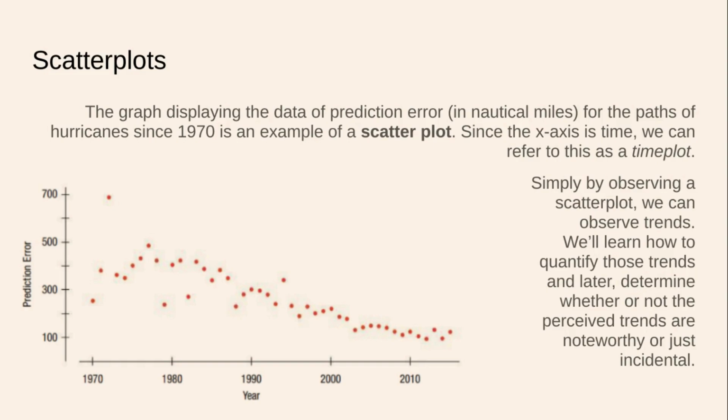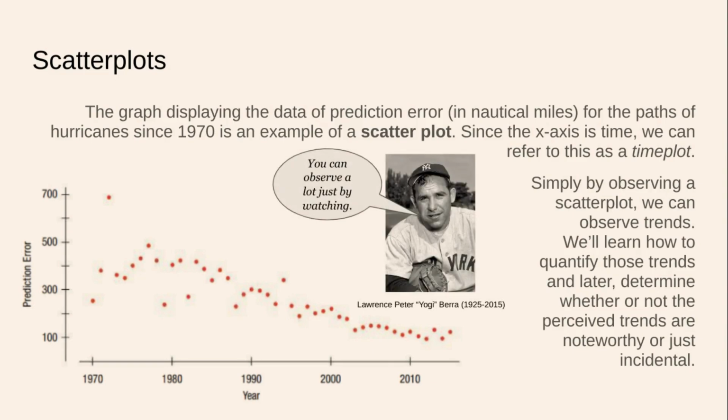We'll be talking about some of that in this chapter, and much later in the year, we'll be talking about how to determine rigorously whether or not a trend is significant or if it's just incidental, if these points just so happen to form a linear pattern. And there's a great quote by Yogi Berra.